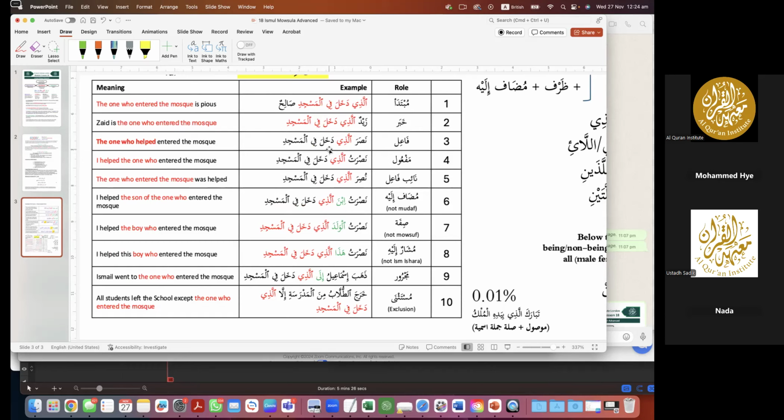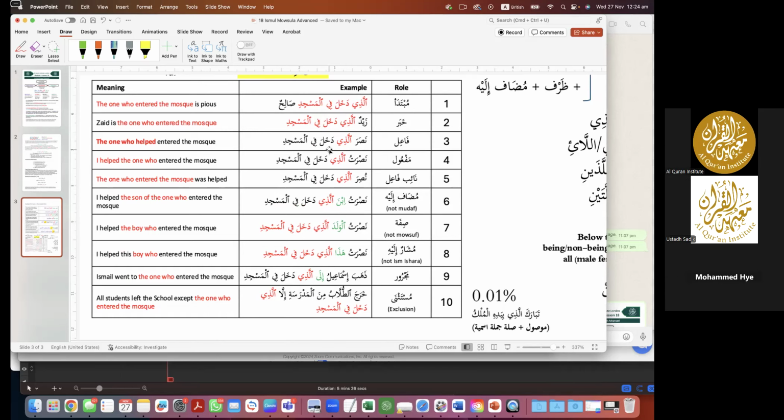The one who entered into the mosque, helped. So what is this? Nasara is a fail, and there is a huwa fail, correct? When it is huwa fail, Ustad Muhammad, you taught your students that there may be an external fail. And Allazi dakhala fil masjidi is the external fail for Nasara. Khalas.